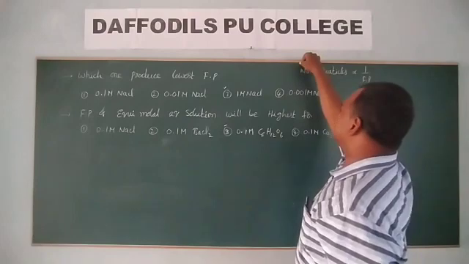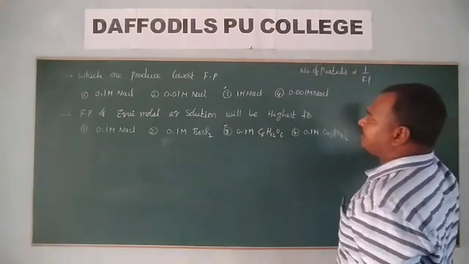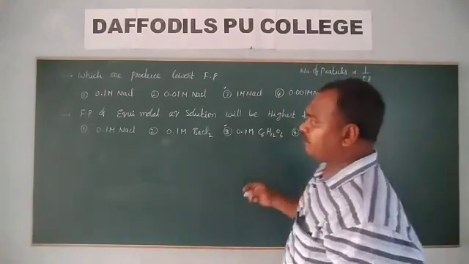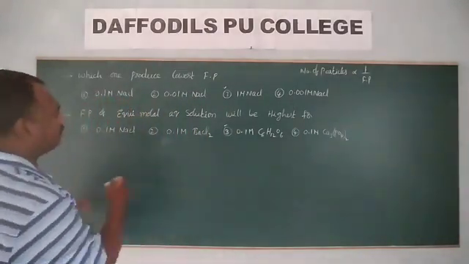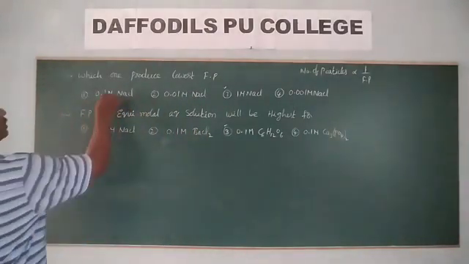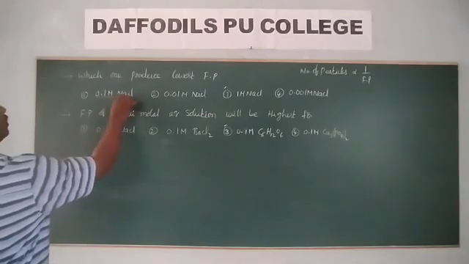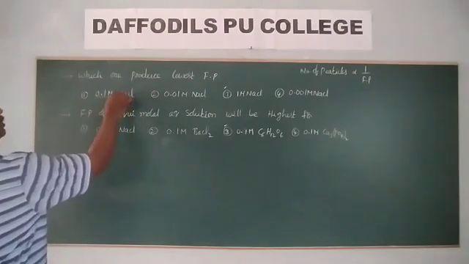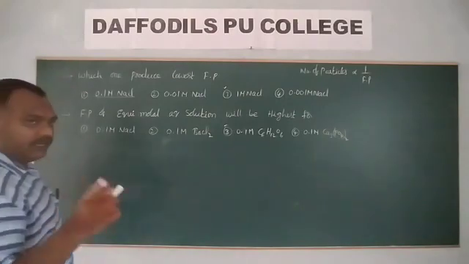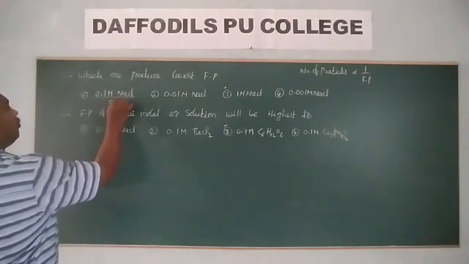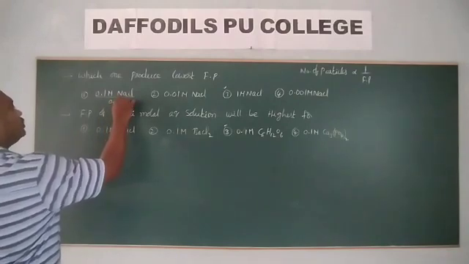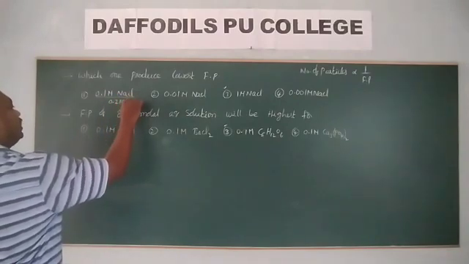As the number of particles increases, freezing point decreases. So find the number of particles in all of these. How many particles will you get from sodium chloride? Sodium chloride will give you 1 Na plus and 1 Cl minus, which means 2 particles, that is, 0.2 moles of particles.